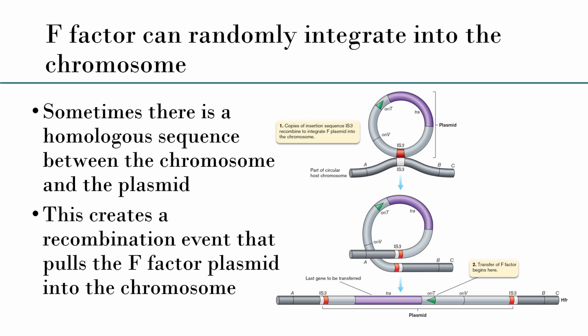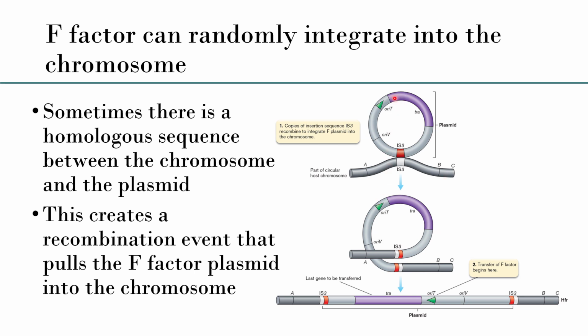Sometimes the F factor can randomly integrate into the chromosome. There will be homologous sequences, so sequences on the F factor that are the same as sequences on the chromosome. And whenever that happens, we can have an event called homologous recombination, which is basically like crossing over during meiosis.